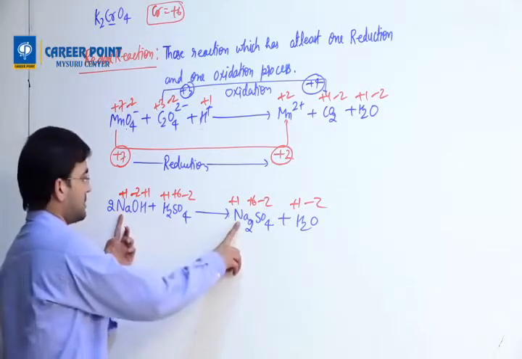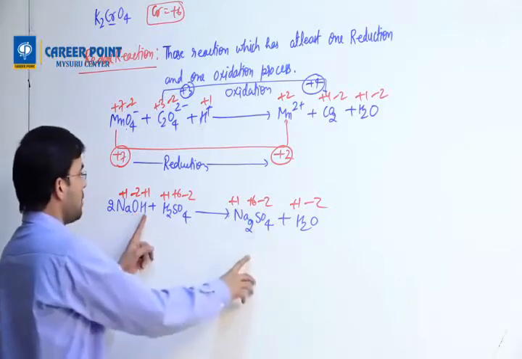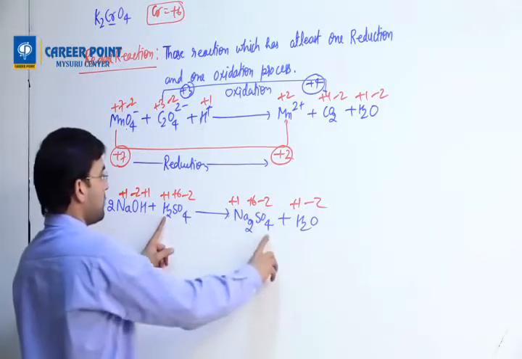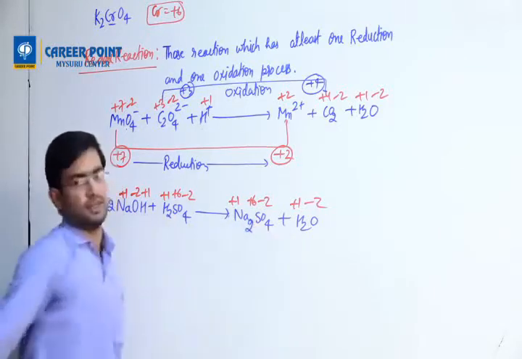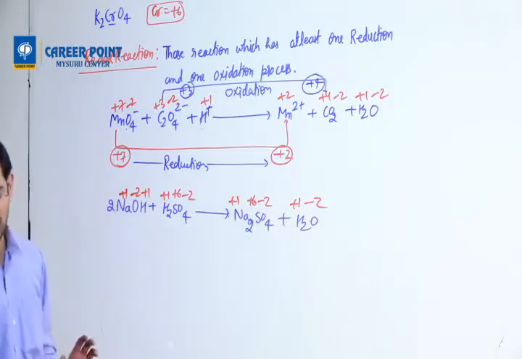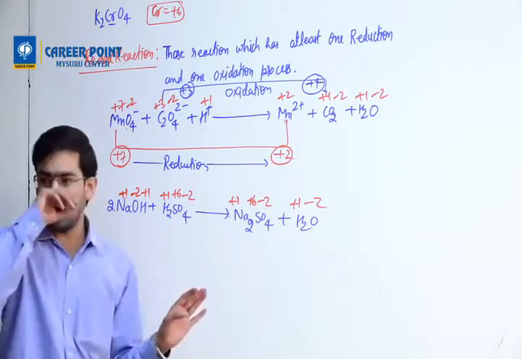Sodium +1 and +1, oxygen -2 and -2, hydrogen +1 and +1, sulfur +6 and +6. There is no element whose oxidation number is changing, so it is not a redox reaction.